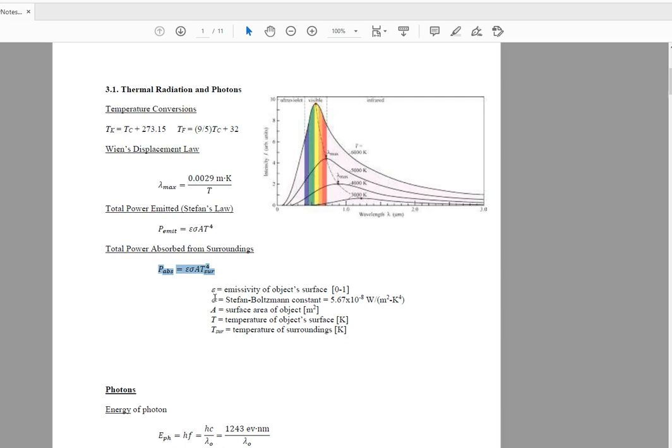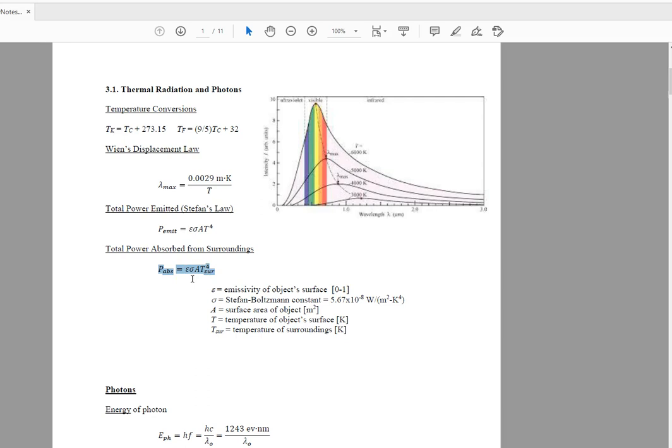That's correct, but that's because the definition of thermal equilibrium is that the emitted power equals the absorbed power, and it so happens that those powers are proportional to the temperature of the object to the fourth power for the emitted and the temperature of the surroundings to the fourth power for the absorbed power. Okay, so anyway, I thought I'd throw that out there.